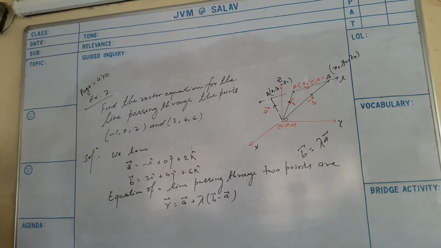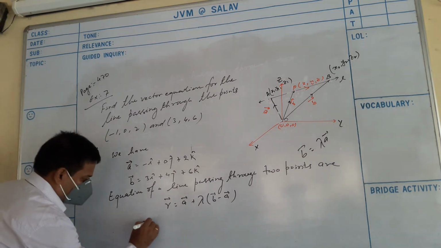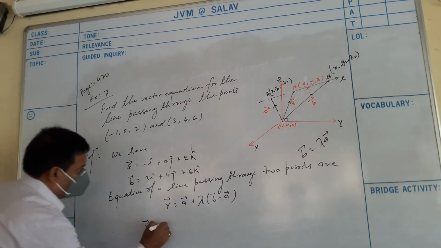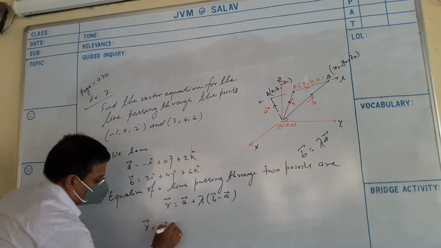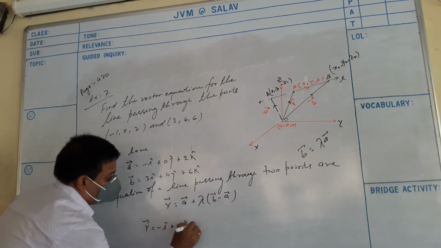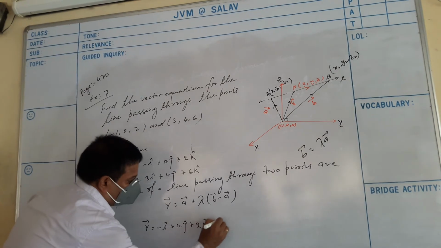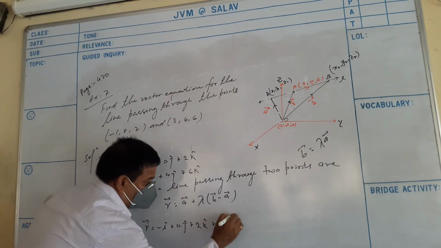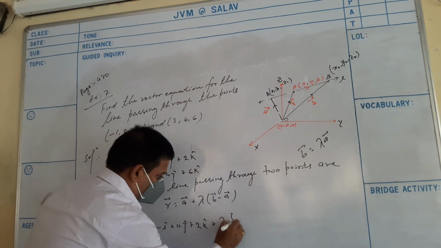Clear? This is the formula in the vector form. So vector R is equal to minus i, 0 j and 2k plus lambda times vector B minus vector A.